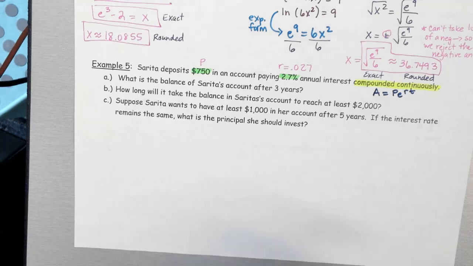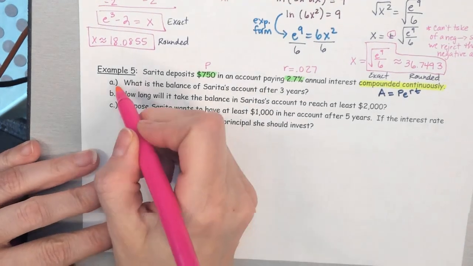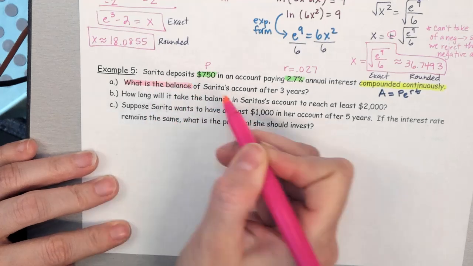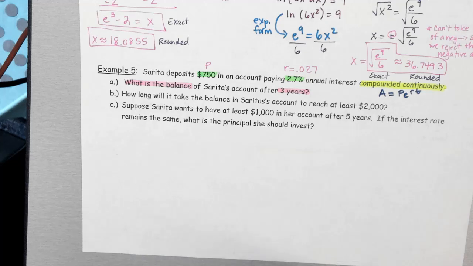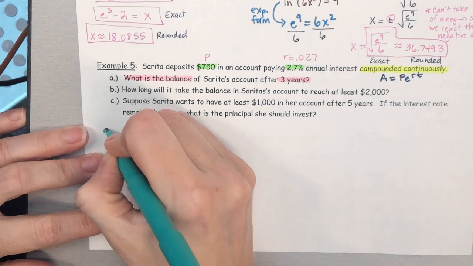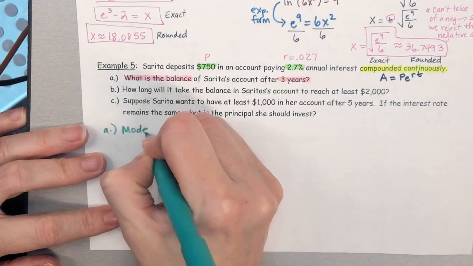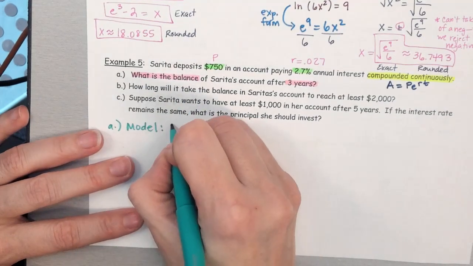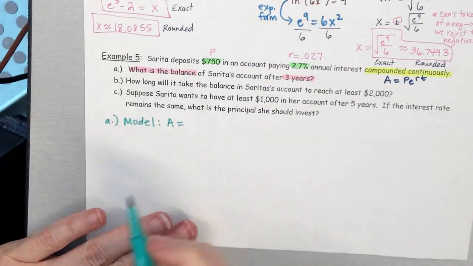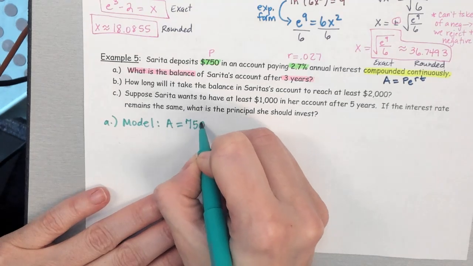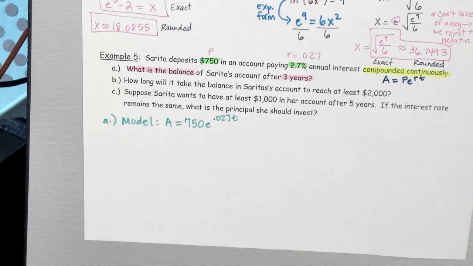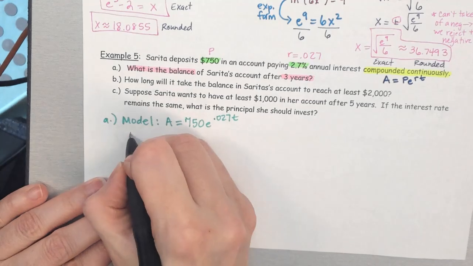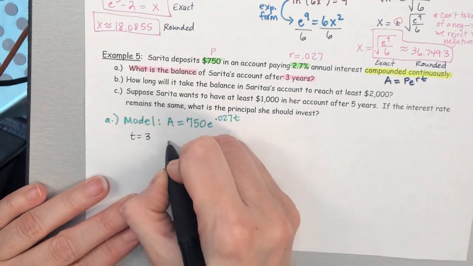And in part A, they're asking you to find the balance of Sarita's account after 3 years. Okay, so using our model, remember model is another word for equation, the value of A is equal to 750 e to the 0.027t. And for this one in particular, we are going to substitute in t is 3.